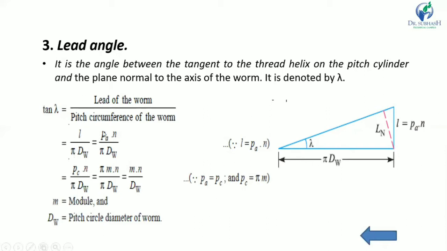Now we know that in single start, PA is equal to PC. So PC into N, and PC is equal to pi into M. So pi Mn upon pi dw. From this we can say tan lambda equals Mn upon dw, where M is the module and dw is the pitch circle diameter of the worm. So the lead angle you can find from this equation.